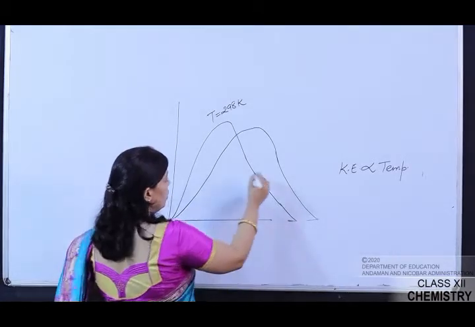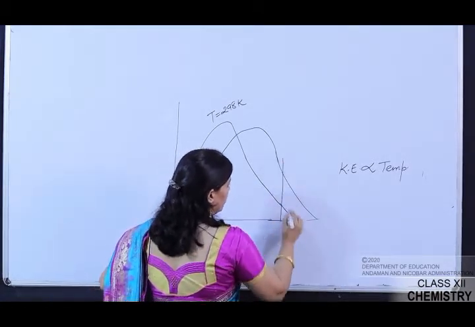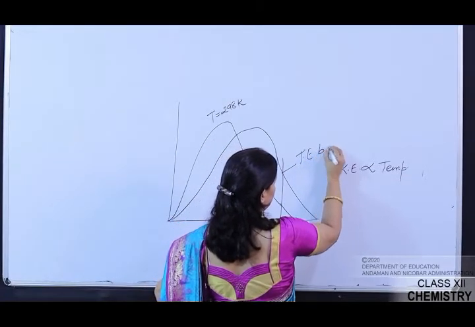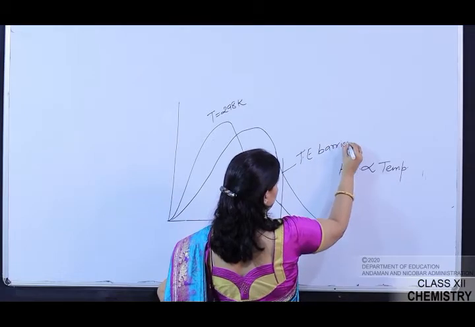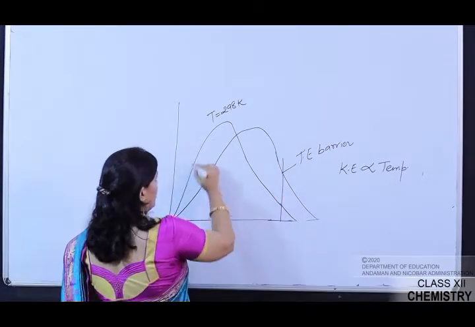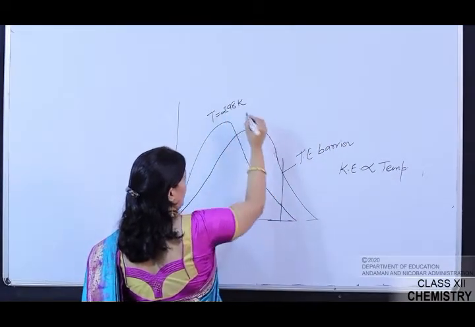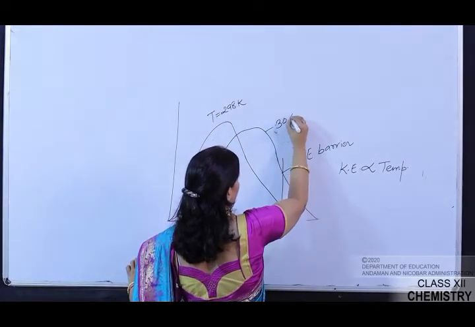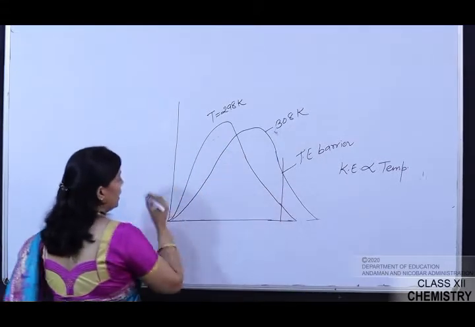Okay, so this is the threshold energy barrier. This is the graph at 298 Kelvin, and this is the graph obtained at 308 Kelvin when we are increasing the temperature by 10 degrees.